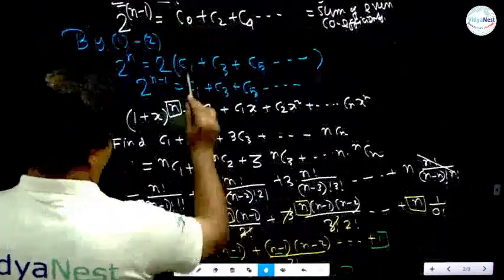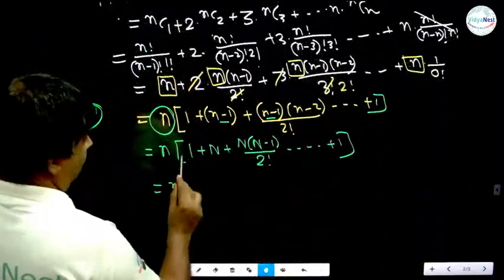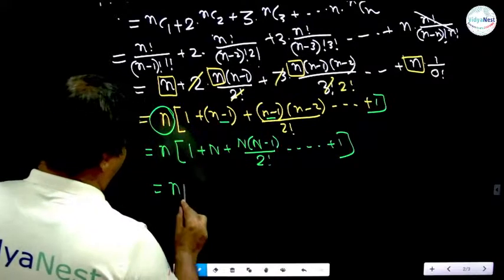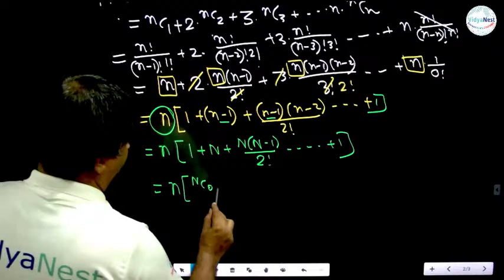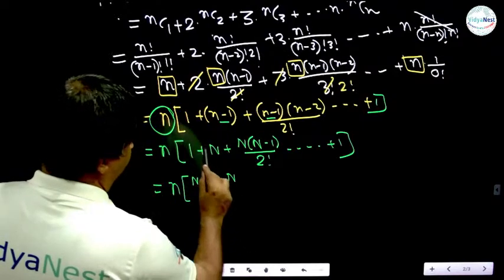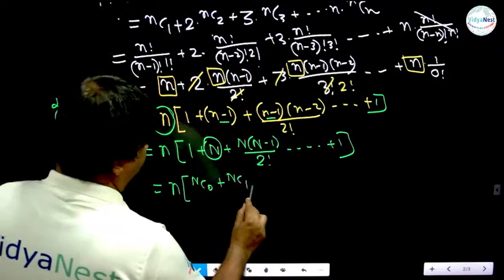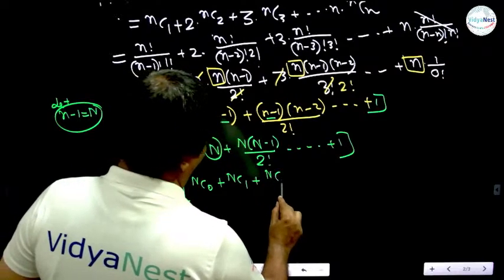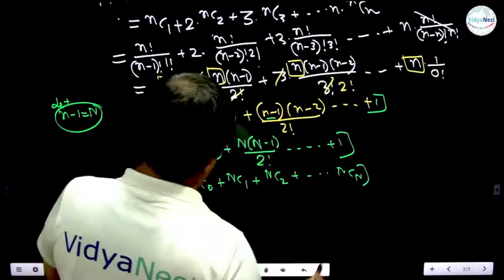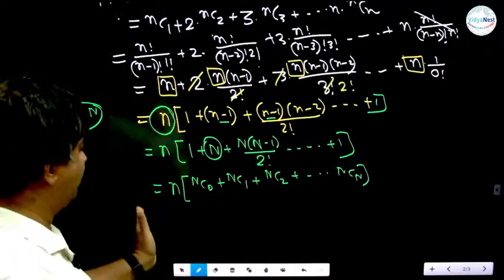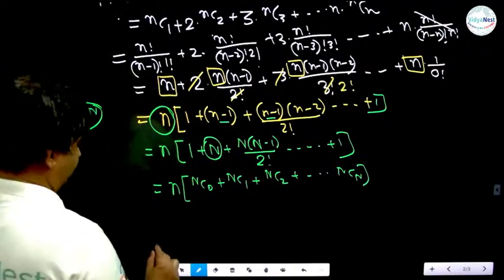Here, if you observe carefully, I can write capital NC0, capital NC1, capital NC2 up to capital NCN. So this is also the sum of the coefficients. Yes or no?